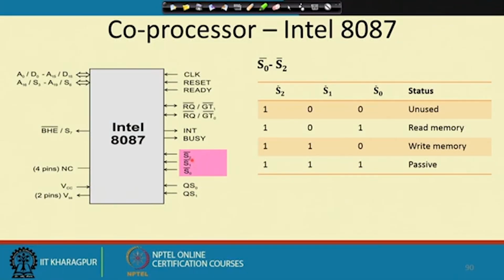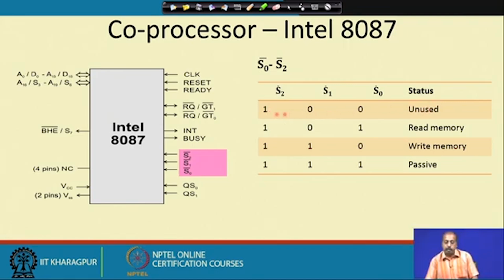Then the status lines S0 bar, S1 bar, S2 bar. If it is 100, this is not used; 101 is read memory, 110 is write memory, and 111 is passive. These settings are more or less similar to what we have in the 8086.